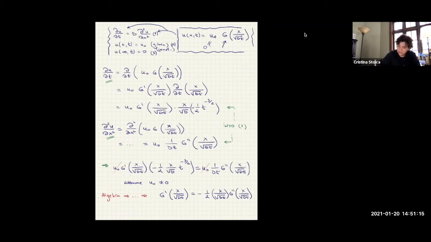When I'm looking at these expressions, the argument in all three is x over root dt. So I could just call this x over root dt with a letter, let's call it s.